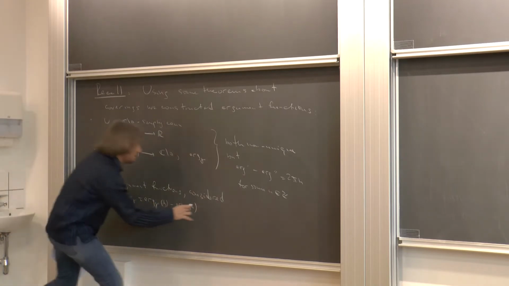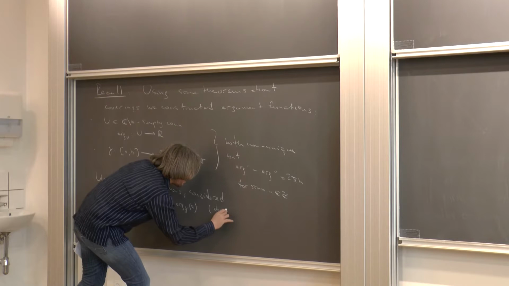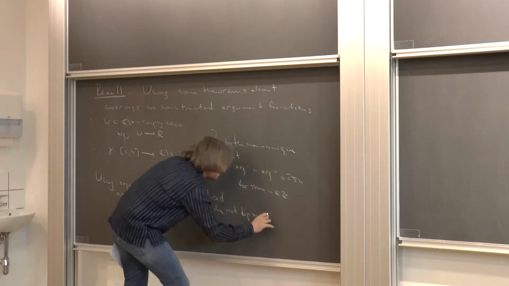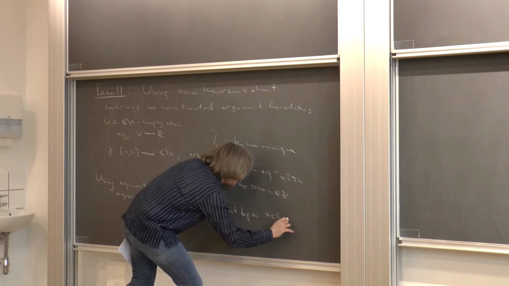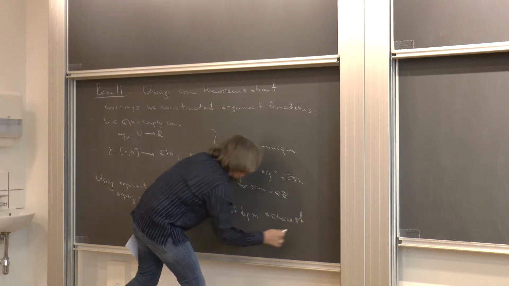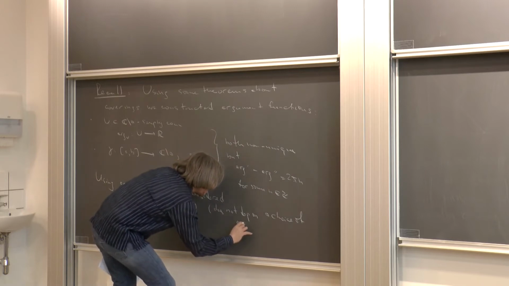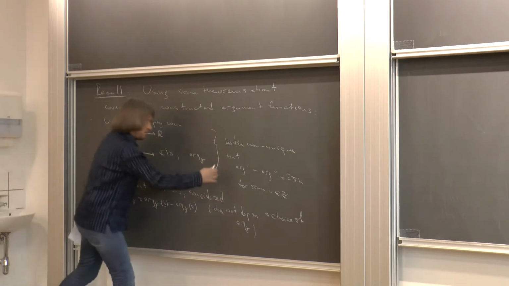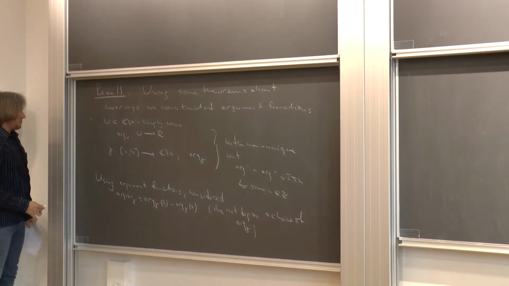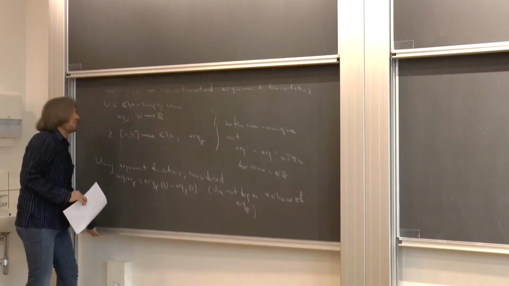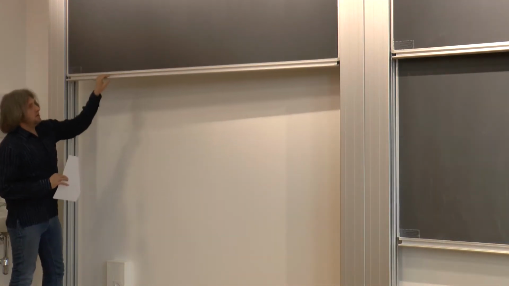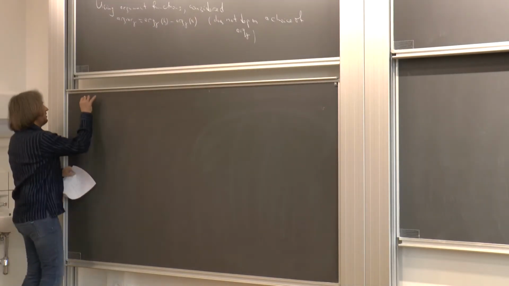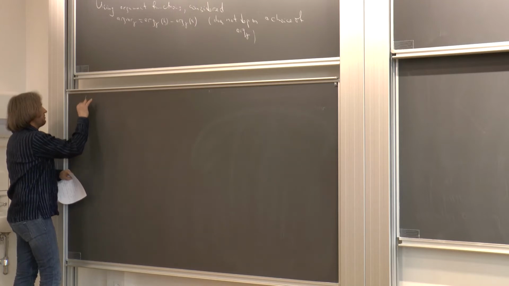And this does not depend on a choice of the argument function, because all the ambiguity is cancelled out by the difference, and in particular for loops, for paths where the endpoints coincide, we also define the winding number.